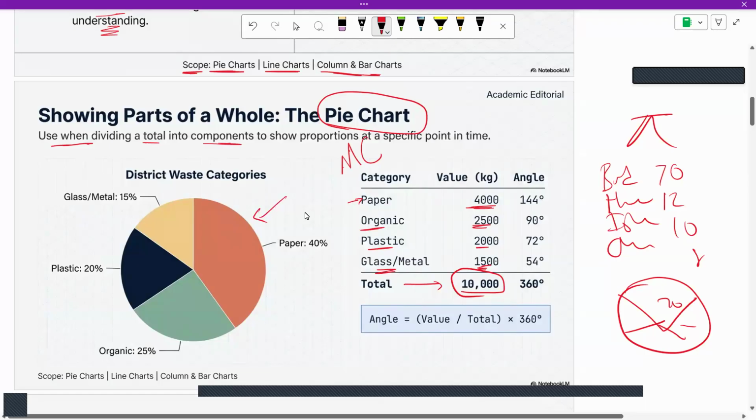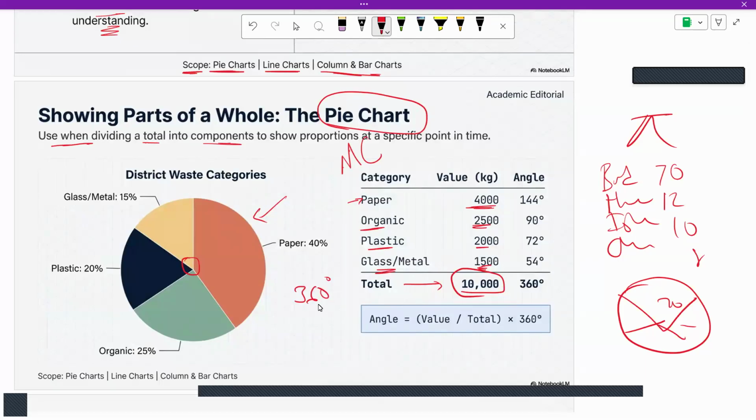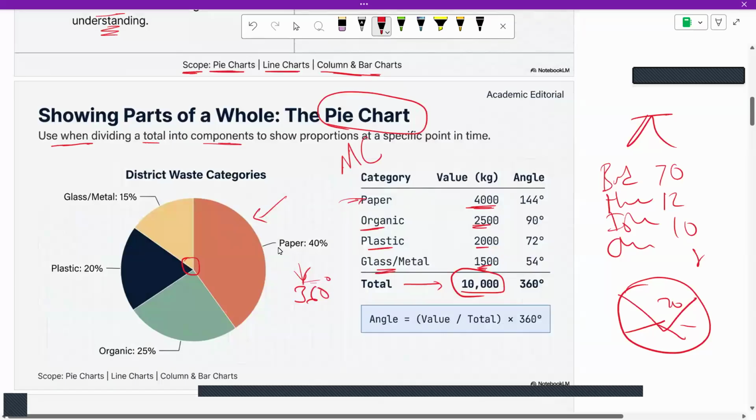How do we draw this pie chart? The basic idea is that the total angle of a round is equal to 360 degrees. And we have to divide this 360 degrees into different portions. For example, paper will represent one portion, here 40%.